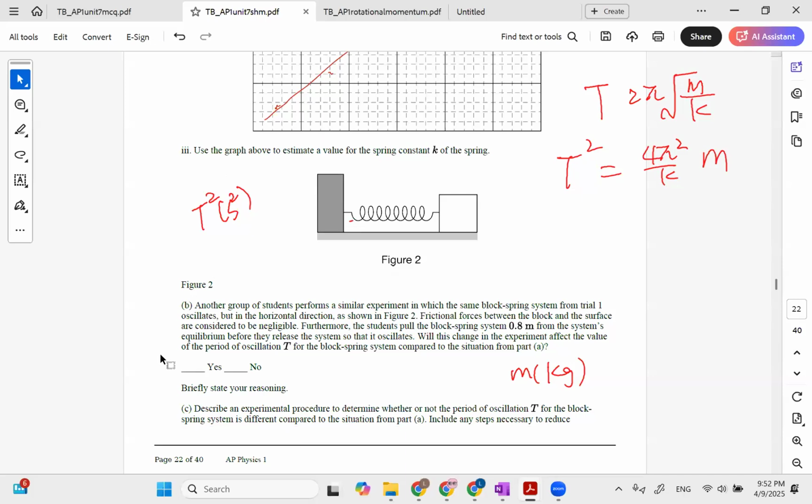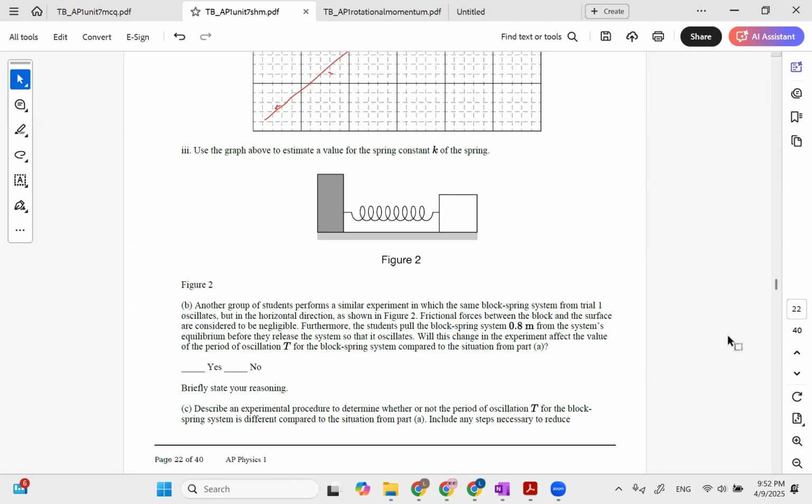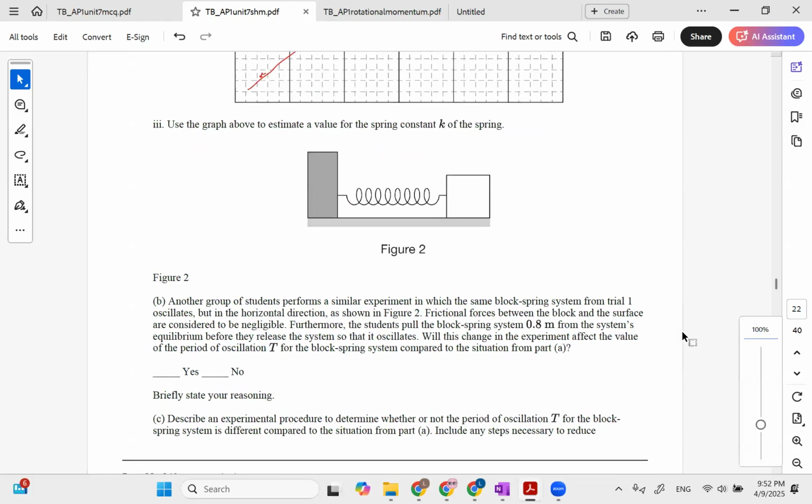Then look at the second part, B. B, how do you answer?